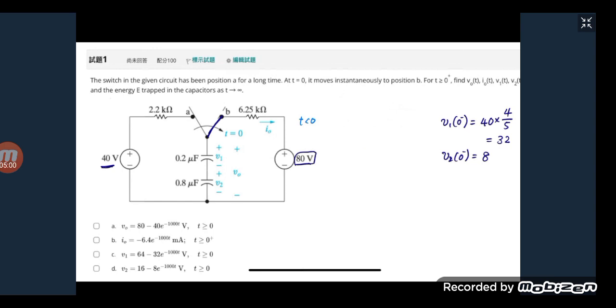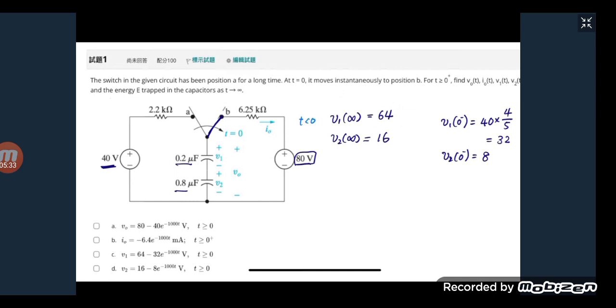And after a long time, the two capacitors become open circuit again. So we can see that at the final stage, V1 is equal to what? V1 is equal to 64 and V2 is equal to 16. Any questions?